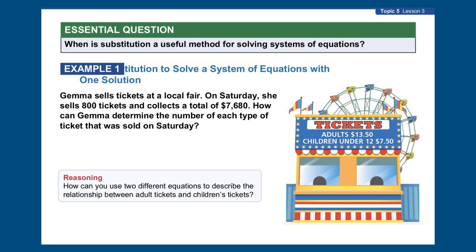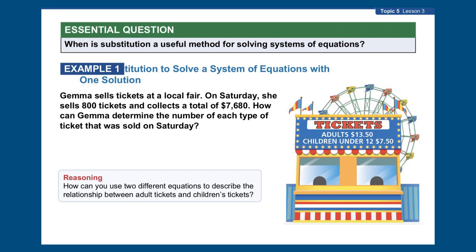So again, I am on page 282. Example 1 says, Gemma sells tickets at a local fair. On Saturday, she sells 800 tickets and collects a total of $7,680. How can Gemma determine the number of each type of ticket that was sold on Saturday?